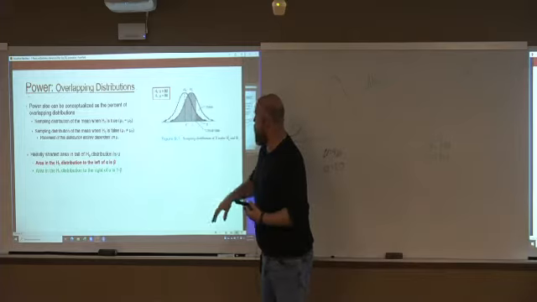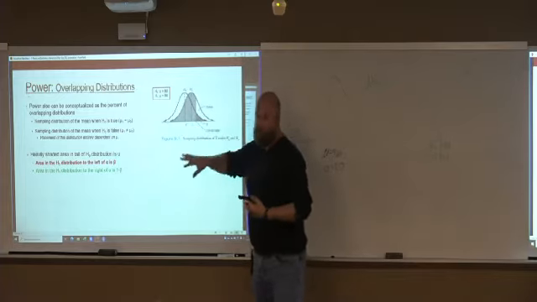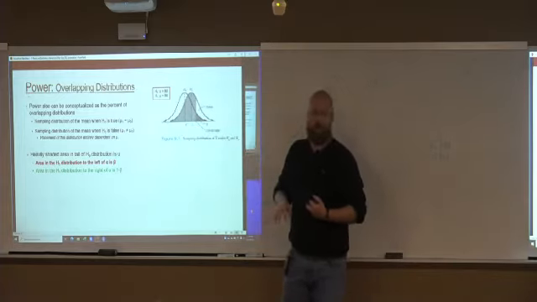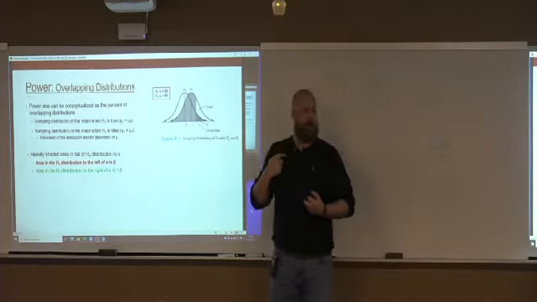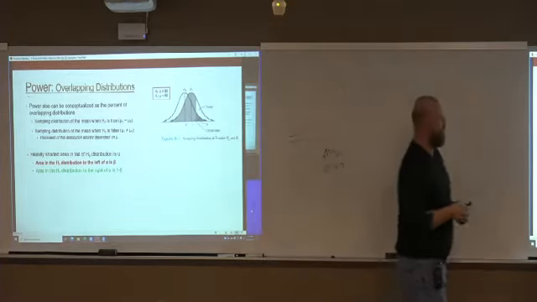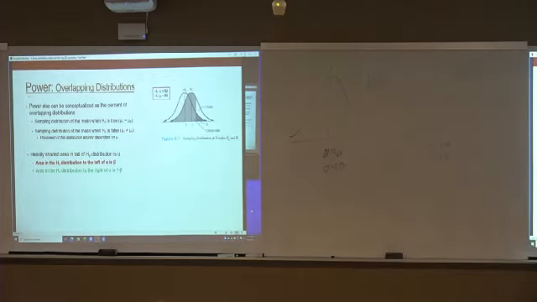Where are the bulk of those samples going to come from? Looks like the alternative. Yeah, if I'm taking a look, right? So if this is the alternative hypothesis, let's say here's our curve under the null, and let's say, because we want to say that if we find a mean that falls within the tail of that distribution, that's when we're going to reject.